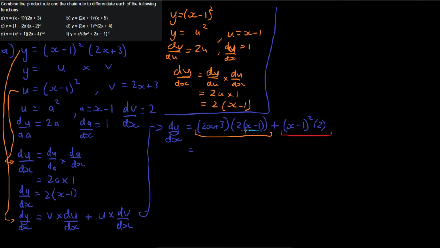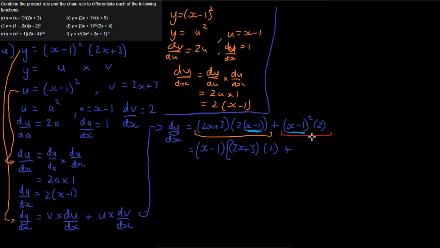I can see an (x minus 1) here and here. So what I can do is factorize that out, and I'll put that out the front here. So (x minus 1). And what will be left over in my first term? My first term has a (2x plus 3) in brackets. And I had 2 times (x minus 1), but I've taken that (x minus 1) out, so I'm just left with a 2. That's my first term factorized.